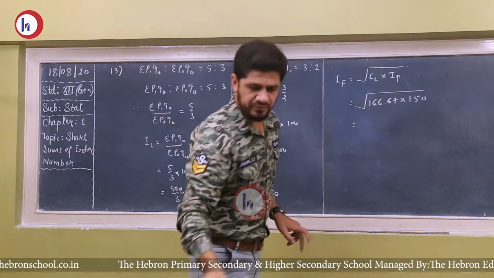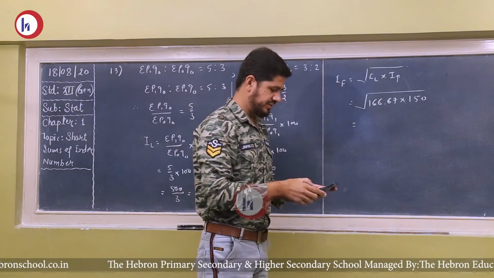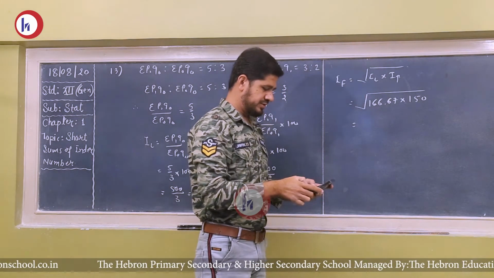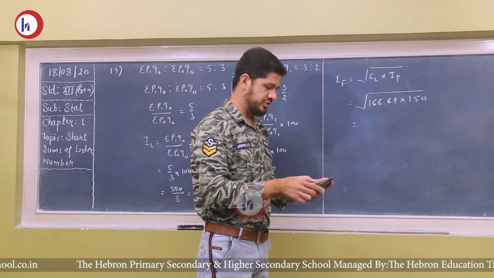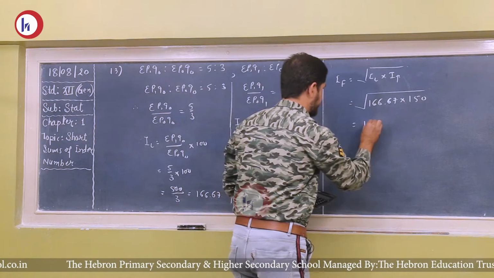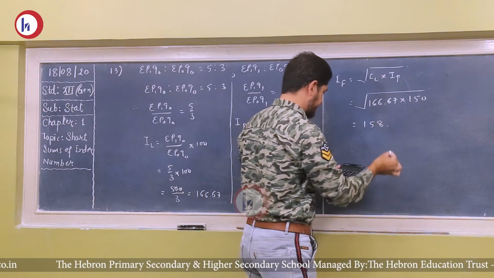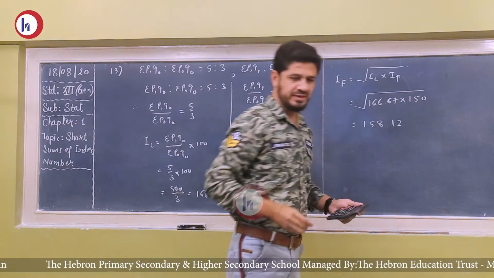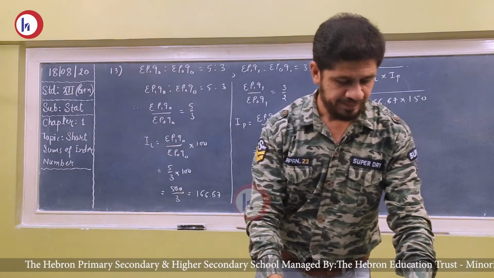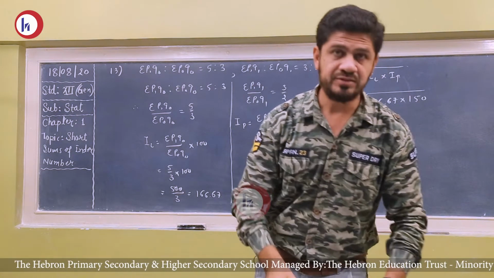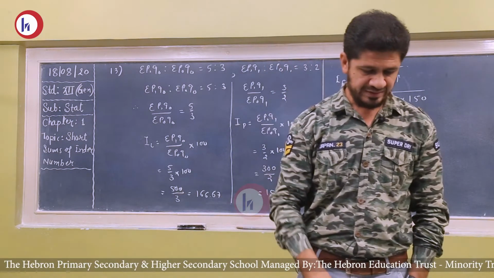So 166.67 into 150, the square root of that value is 158.12. So it is an easy sum and also asked in board examination.